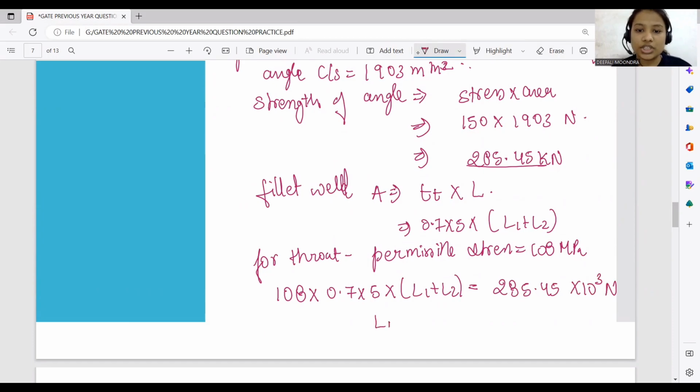So this L1 plus L2 will be in mm. Let's calculate with the help of the calculator: 285.45 into 1000 divided by 108 into 0.7 into 5. So it will be 755.158 mm.